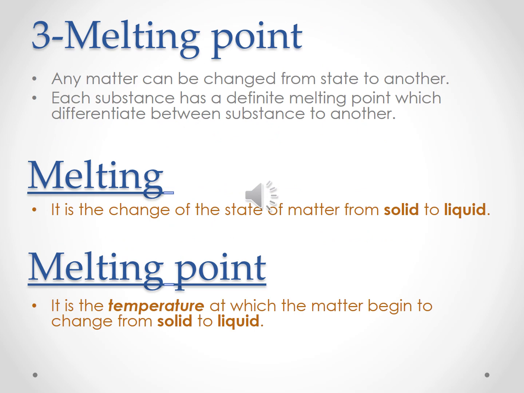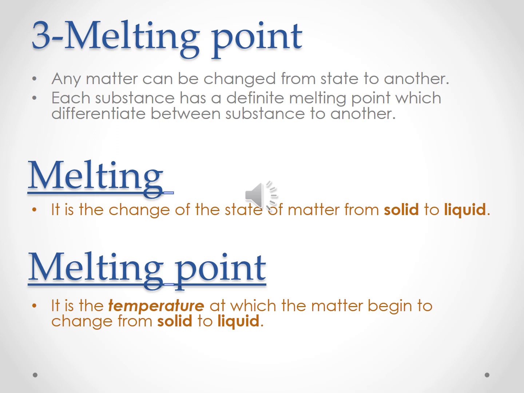Now let's talk about the third physical property, which is the melting point. Okay, you know from previous knowledge that any matter can exist in three states, which are solid, liquid, and gas. And I can change from any state to another.